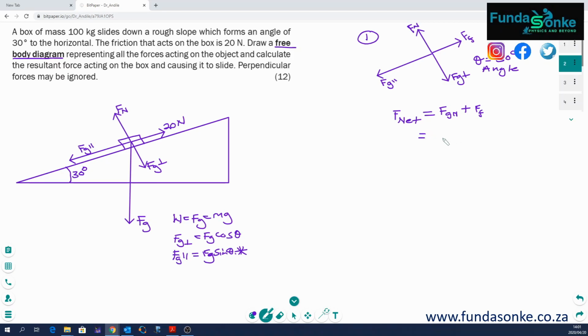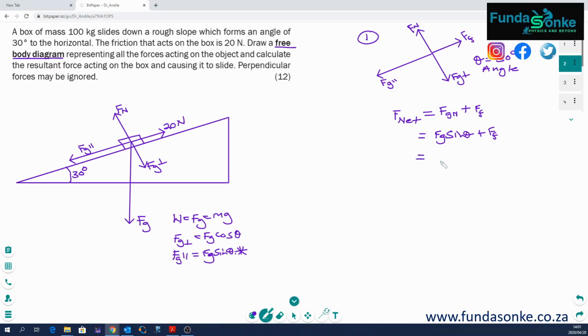So this will be equal to force due to gravity multiplied by sine theta plus our frictional force Ff.